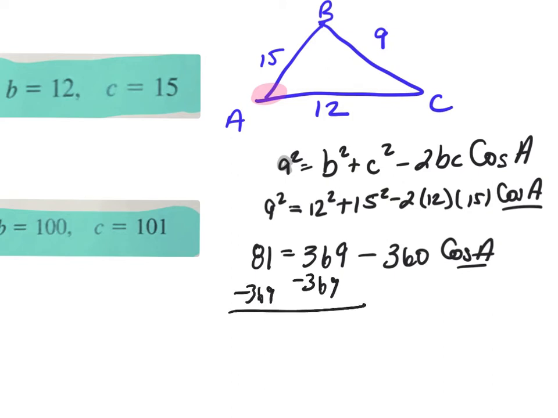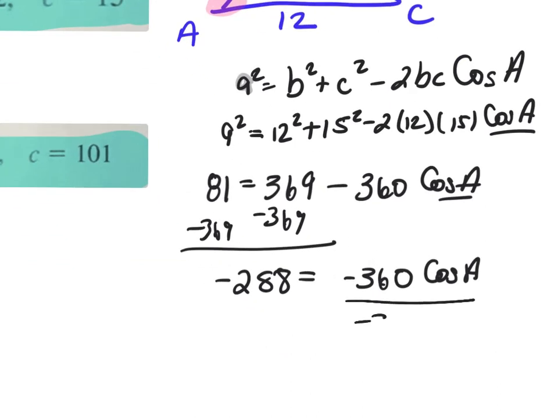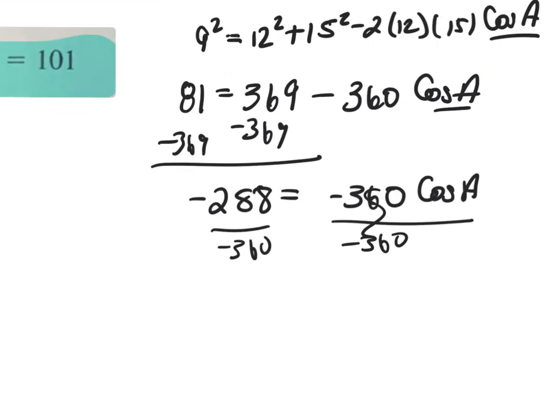So 81 minus 369 is negative 288, equals negative 360 times the cosine of A, divided by negative 360. So the cosine of A is 0.8.